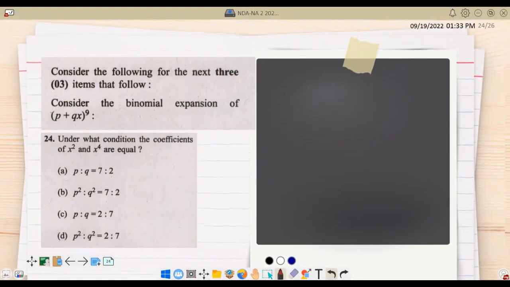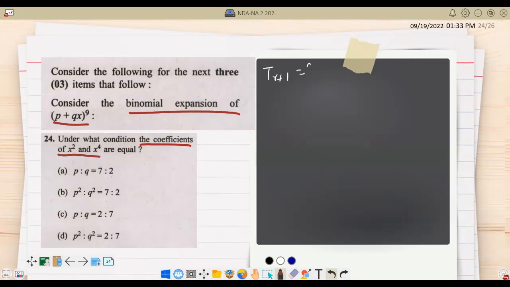This question also follows the binomial expansion of (P plus Qx) whole to the power 9. In this question, they have asked under what condition the coefficients of x square and x to the power 4 are equal. For that, first we need to know the formula of T(R plus 1).